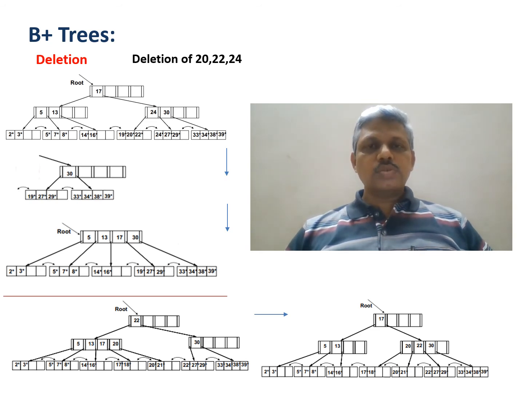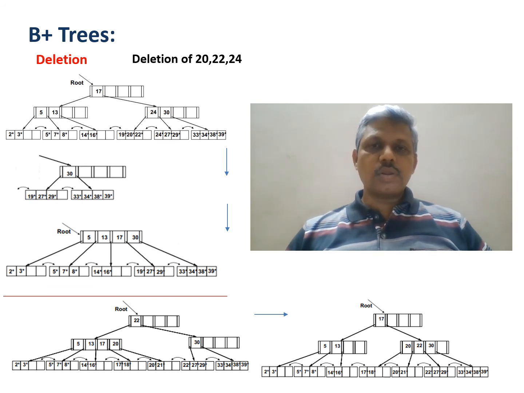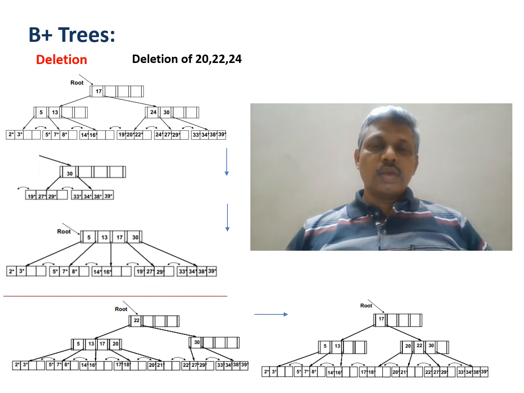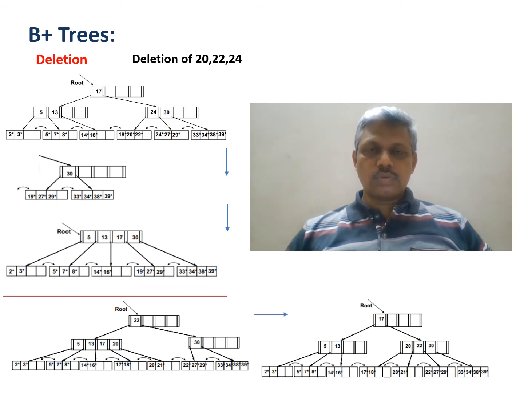Now in the second instance, after removal of 20, if I want to remove 22, again trace like in the previous case and reach that node of 19. Now in this case 19, 22 are remaining in that fourth data node. If I remove 22, the occupancy of the data node has come down below 50%, which is not acceptable.